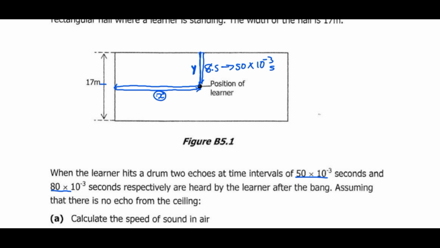Then for this one will be 80 times 10 to the power negative 3, since it covers a longer distance. The key point is we can't expect sound to have the same time, given that, let's say these two sounds were moving at the same speed, but we can't expect for time to be lapse of the same.